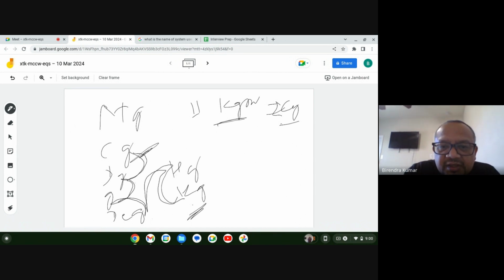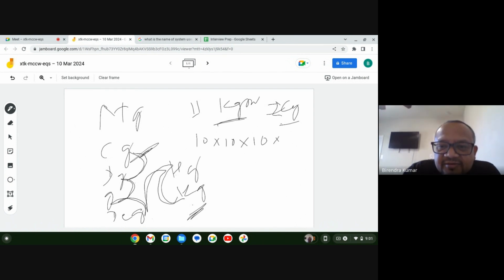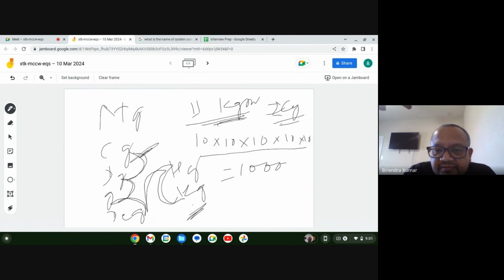That means we have to multiply by 10 how many times? Five times. So if somebody asks how many centigrams you have in 1 kilogram, the answer is 10 to the power 5, meaning 100,000.